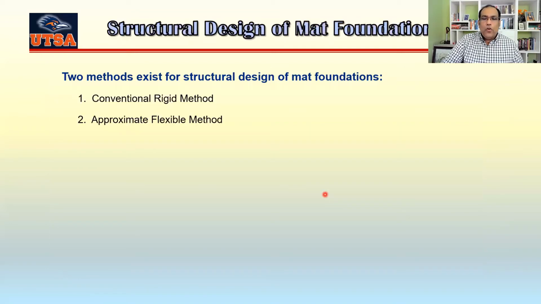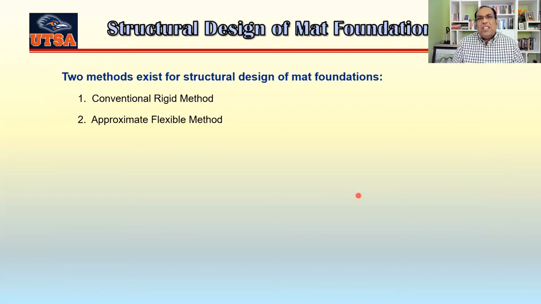Now let's move forward. There are two methods to do the structural design: the conventional rigid method and the approximate flexible method. The conventional rigid method is much easier when you do smaller buildings of simple rectangular shape.